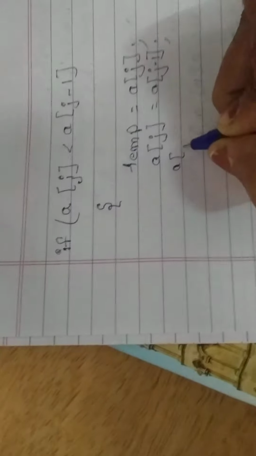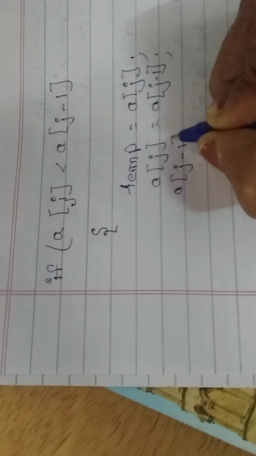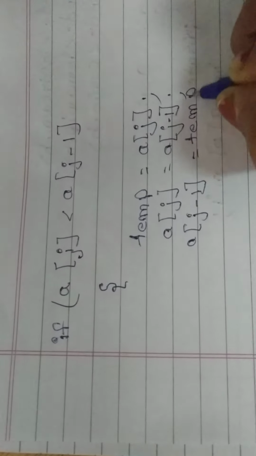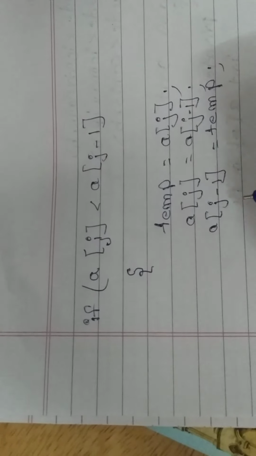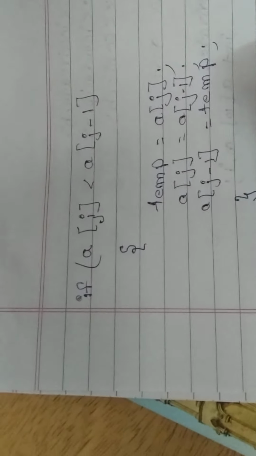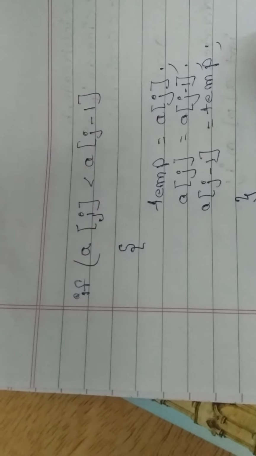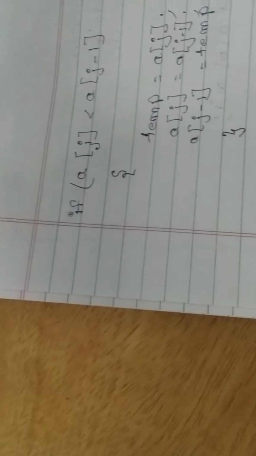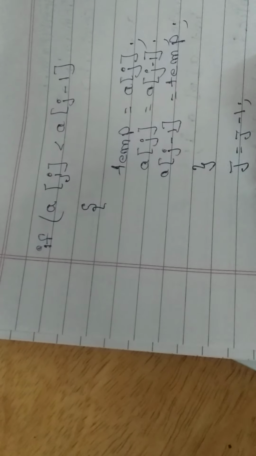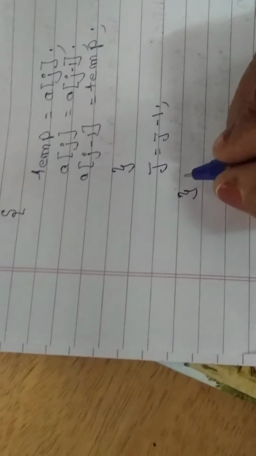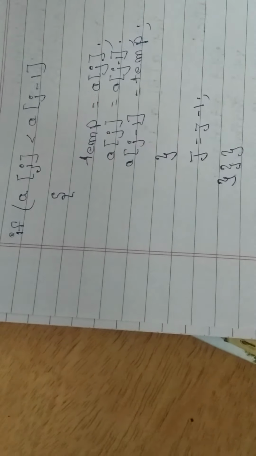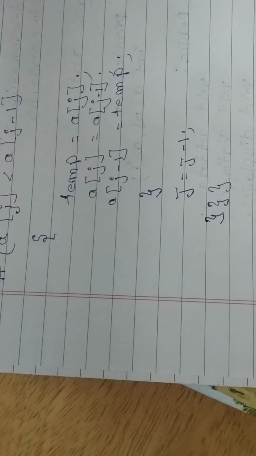A of j minus 1 is equal to temp. So shifting took place. After that, what did we do? j is equal to j minus 1. Now we just closed it. How many brackets we opened, that many should be closed. So the second function is also defined.